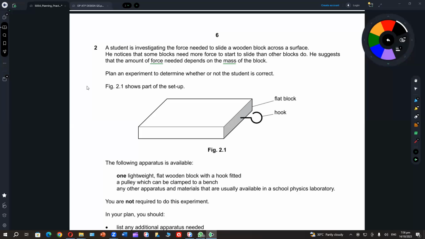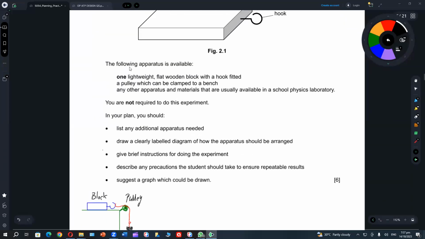This is the second question, and a student is investigating the force needed to slide a wooden block across a surface. He notices that some blocks need more force to start to slide, and some other blocks need less. He suggests that the amount of force needed depends on the mass of the block. So this is the question, and he has given us some initial information.